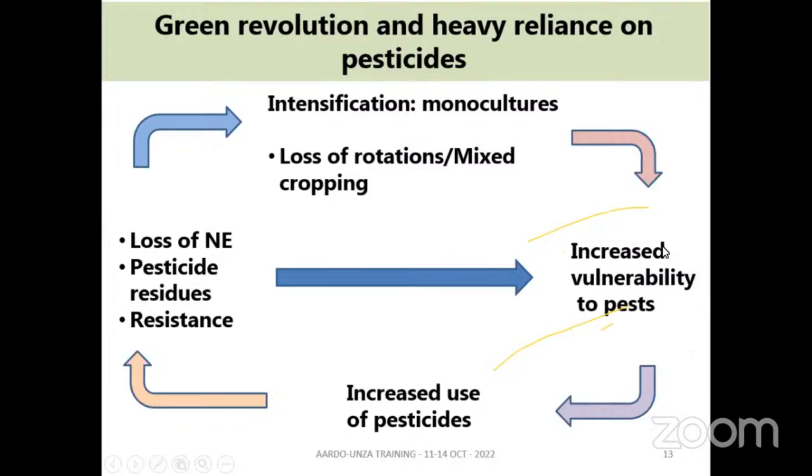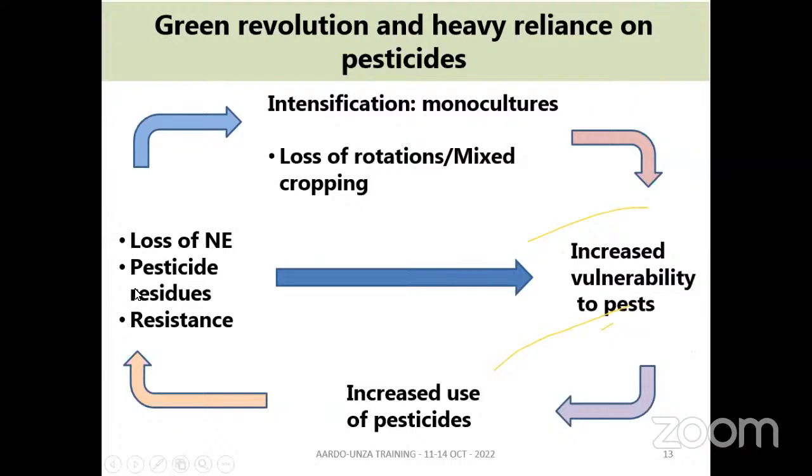And now when you have this vulnerability increasing, the next thing you do is now you see your crop is being threatened. Your rice is almost being wiped out by rice blast fungus because of this monoculture. So now you go heavy use of pesticides. And then this heavy use of pesticides takes us back to the same issues we're talking about.